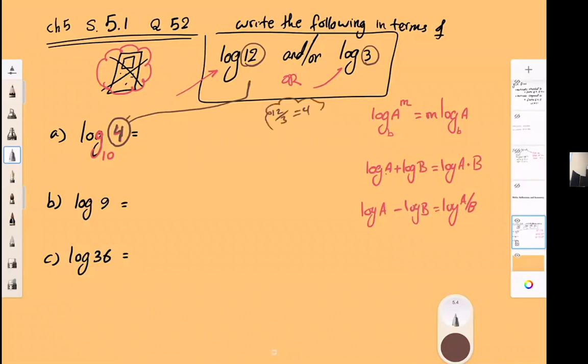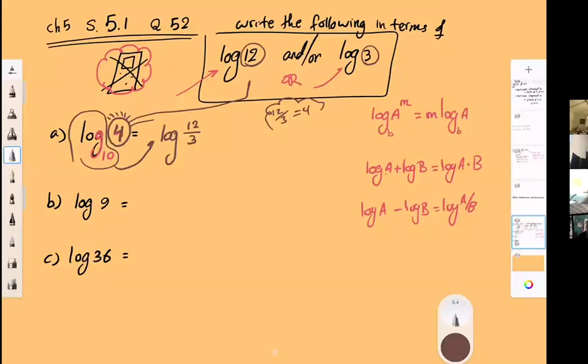So I'm going to write this log right here, but instead of 4, I'm going to put 12 divided by 3. I didn't do anything wrong. I carry the log, and instead of 4, I put 12 over 3.